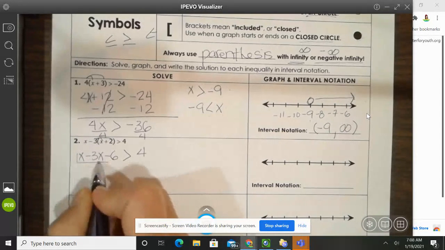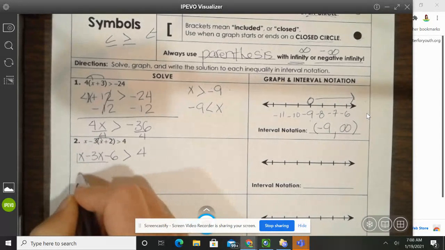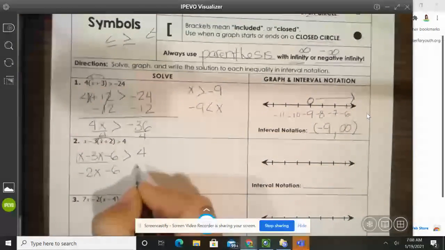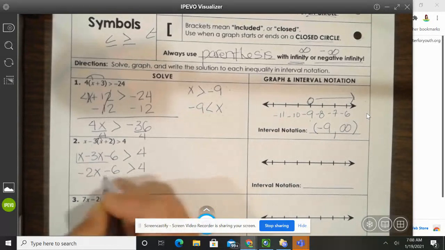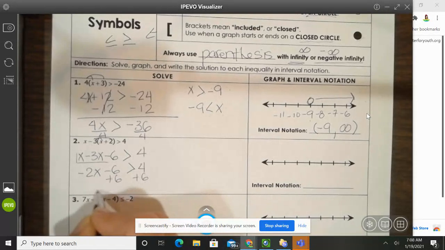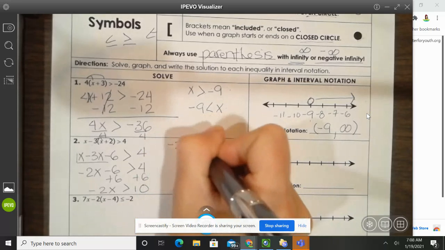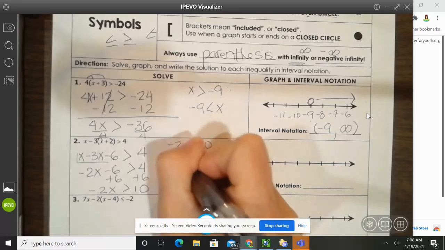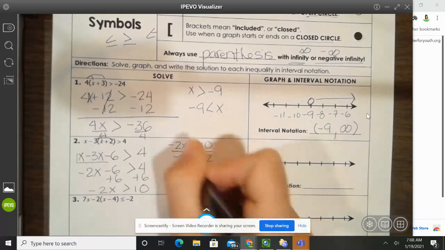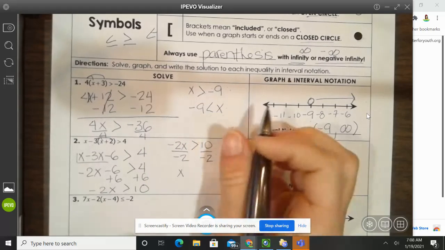So that's 1 minus 3, that is -2x minus 6 is greater than 4. Then we're going to add 6 on both sides, and then that's -2x is greater than +10. And then you divide, so -2x is greater than +10. We divide by -2, and then we got x.